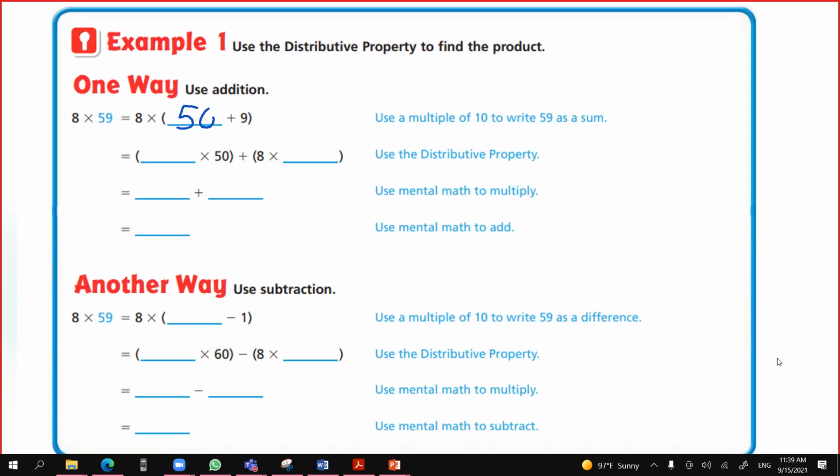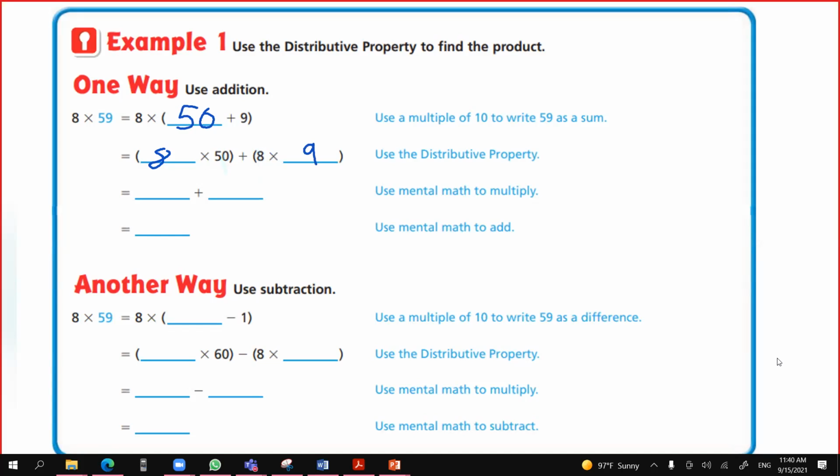It is the same. Is it right? Yes, grade 5. But now, I will open 2 brackets and I will distribute 8 2 times, 1 here and 1 here. It's already written. And then 50, I will write it first, and 9, I will write it last here.